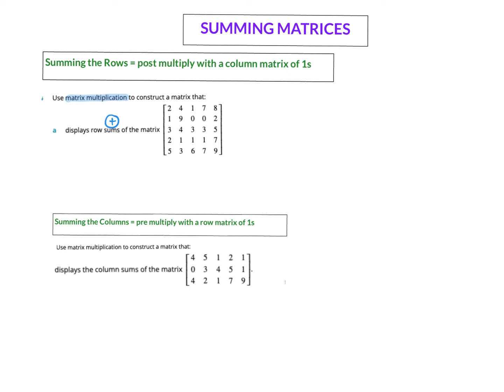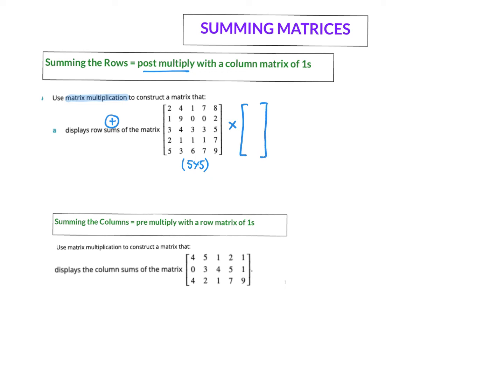If you look at this matrix here, we've got a 5 by 5, okay? So when you want to add up the rows, you post multiply with a column matrix. Post multiply means after. So we're going to post multiply with a column matrix full of ones.